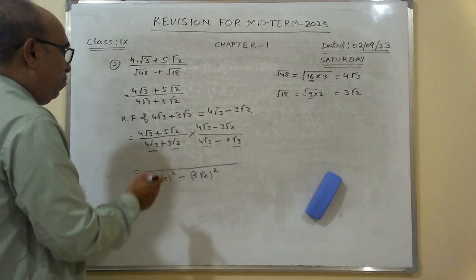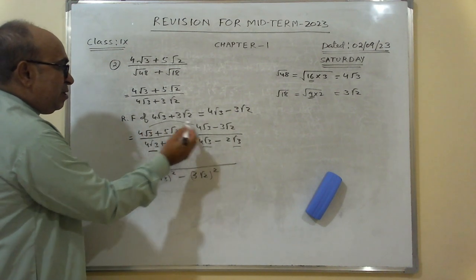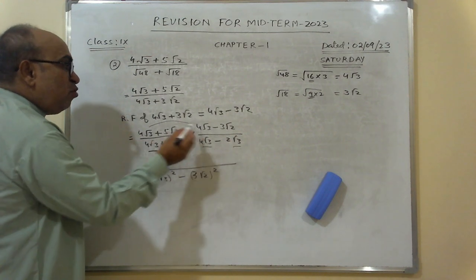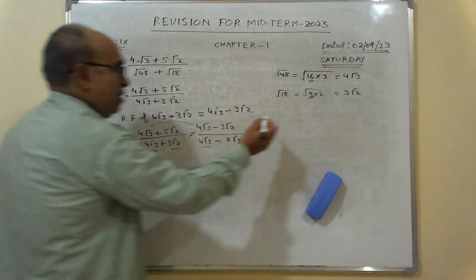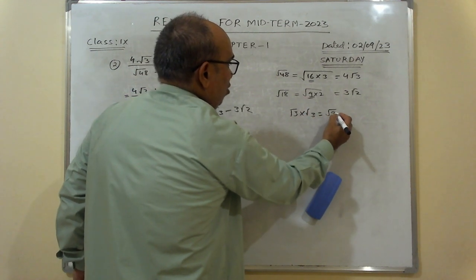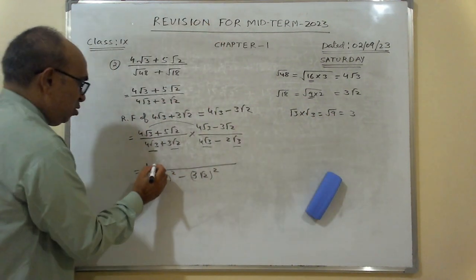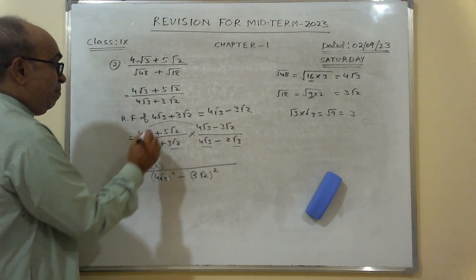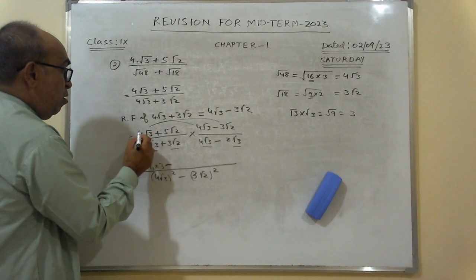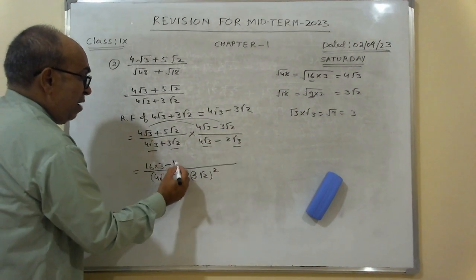Now you multiply this: 4 fours are 16, square root 3 into square root 3. See, square root 3 into square root 3 is square root 9, and this is 3. So this is 16 into 3. Now you multiply these two. Plus into minus is minus. 4 into 3 is 12.